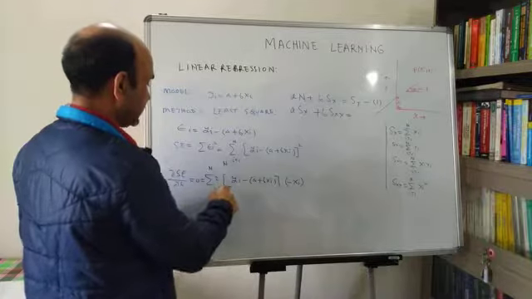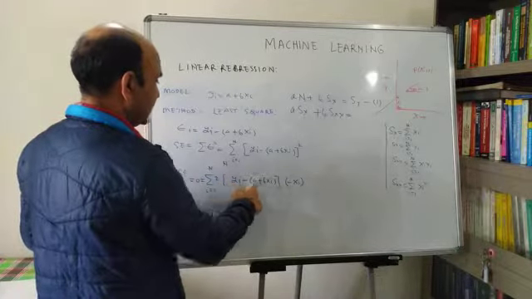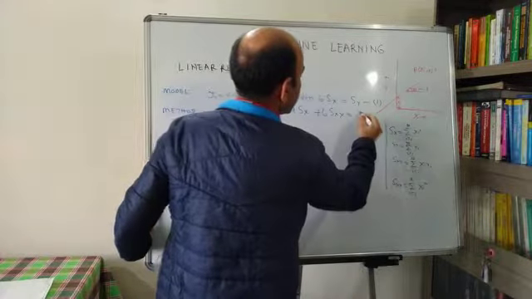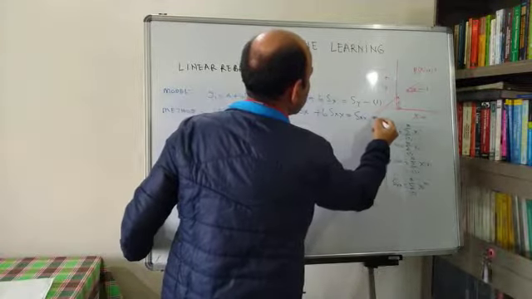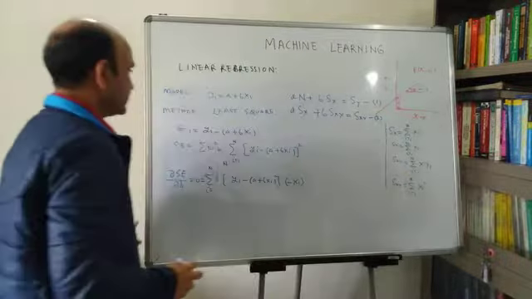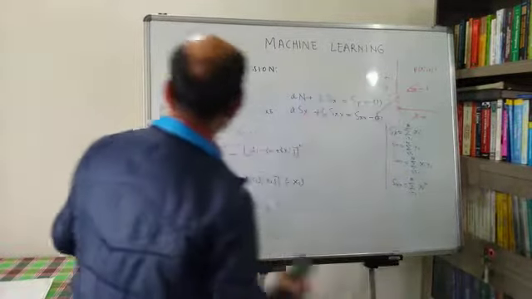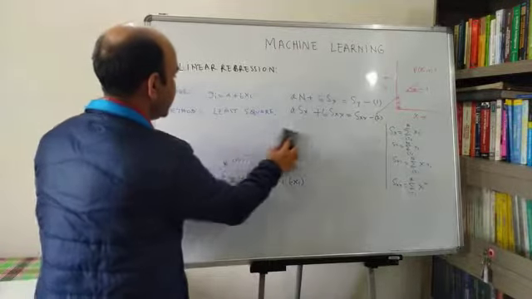Just be careful, it's yi xi, so this term is sxy. So these are the two equations we now have, and we have to solve them to get the values of a and b.